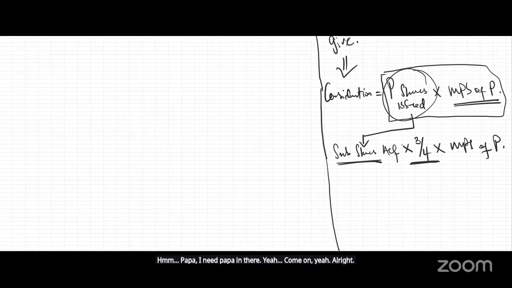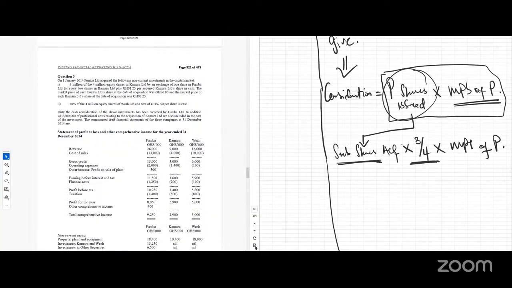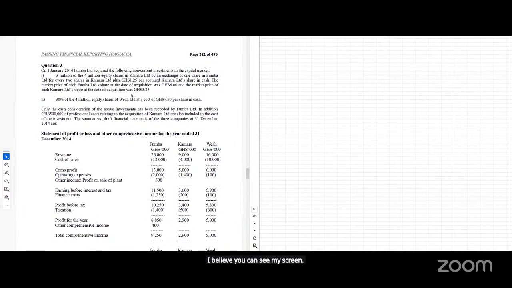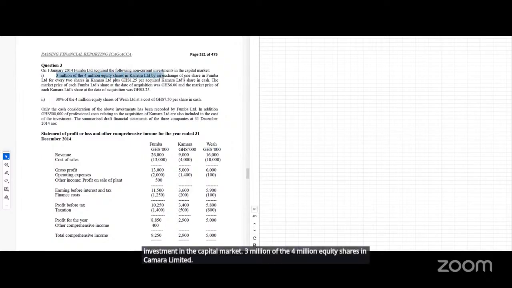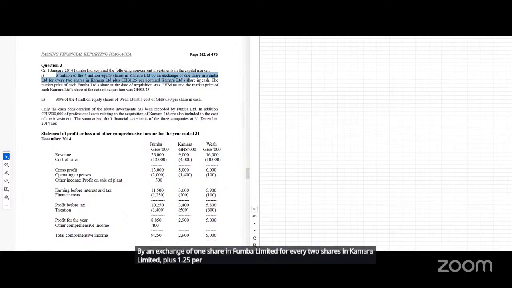So let's look at this. I believe you can see my screen. Okay. So on 1st January 2014, Fumba Limited acquired the following non-current investment in the capital market. 3 million of the 4 million equity shares in Kamara Limited by an exchange of 1 share in Fumba Limited for every two shares in Kamara Limited plus 1.25 per acquired Kamara Limited share in cash.